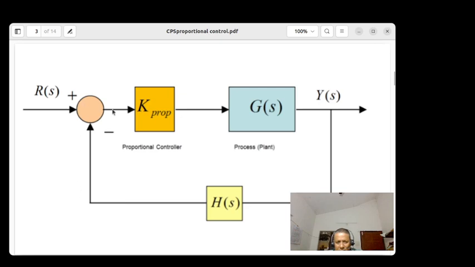The bigger the error, the bigger the control action, multiplied by the proportional constant. Kp stands for proportional gain, and it is constant. We can have a high or low value for Kp; we will see later how to choose Kp.